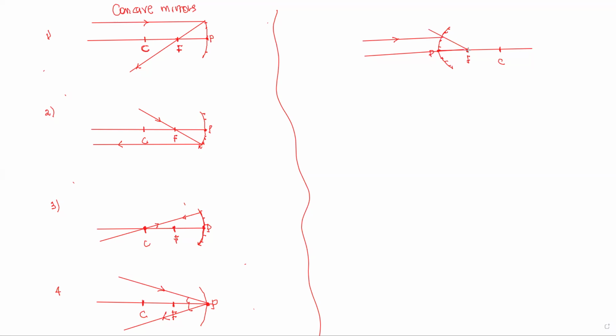So the reflected ray will be diverged, but it would appear to be diverging from a point on the principal axis, and this point is what we call the focal point. This explains why the focal point of a convex mirror is virtual, because the diverged ray appears to come from a point on the principal axis, which is the focal point.